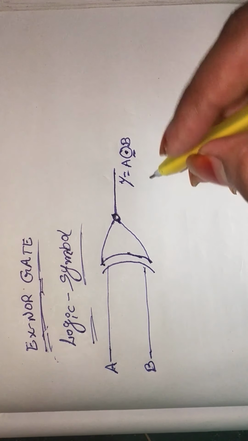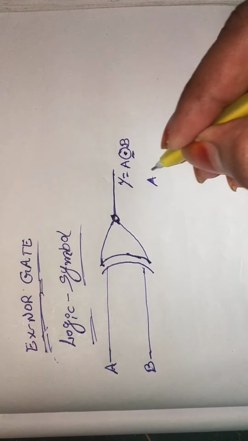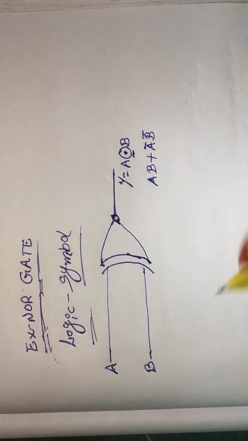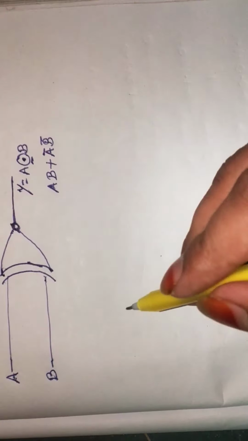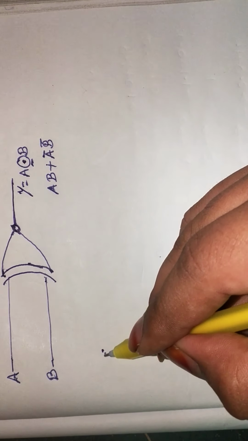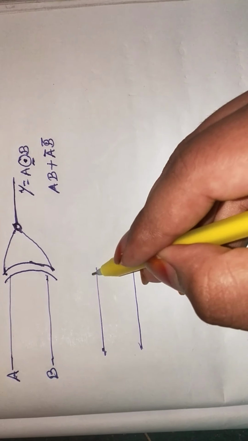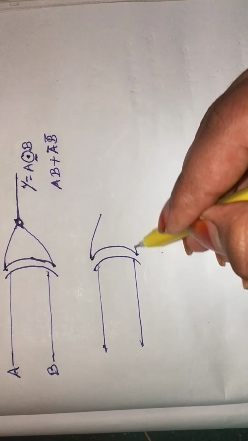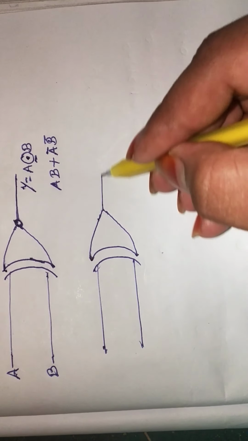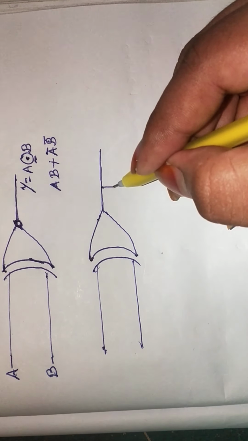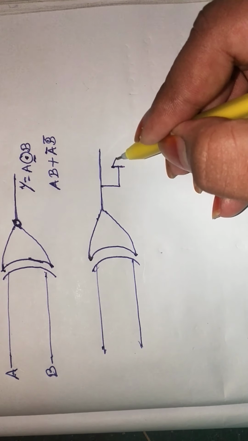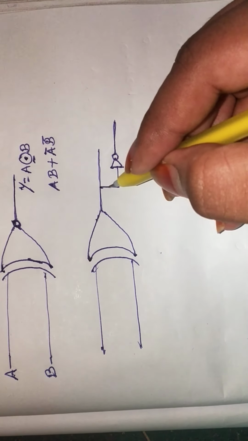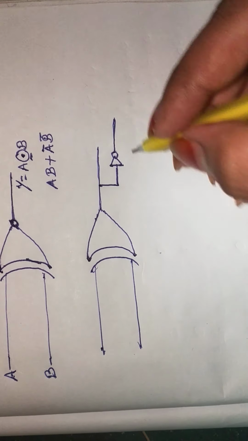The XNOR gate is AB plus A bar B bar. Another example of the XNOR gate: the NOT symbol attached to the output of an XOR gate is called an XNOR gate.